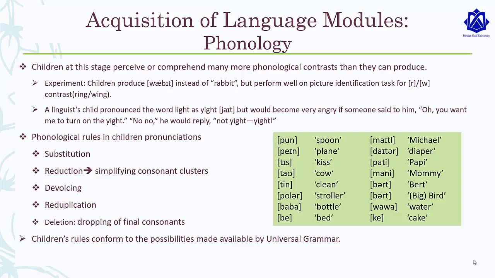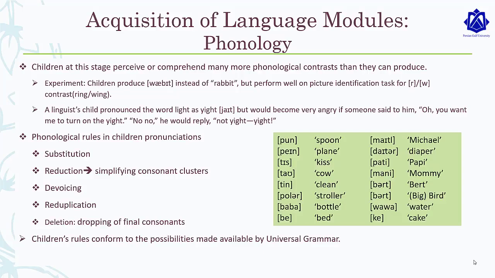So reduplication is used here. And we have deletion. For example, in bed and cake, one sound at the end is deleted. And we have deletion in consonant clusters as well. There is another thing that has happened, and that's devoicing. For example, Bert and bird are pronounced the same way, as Bert.